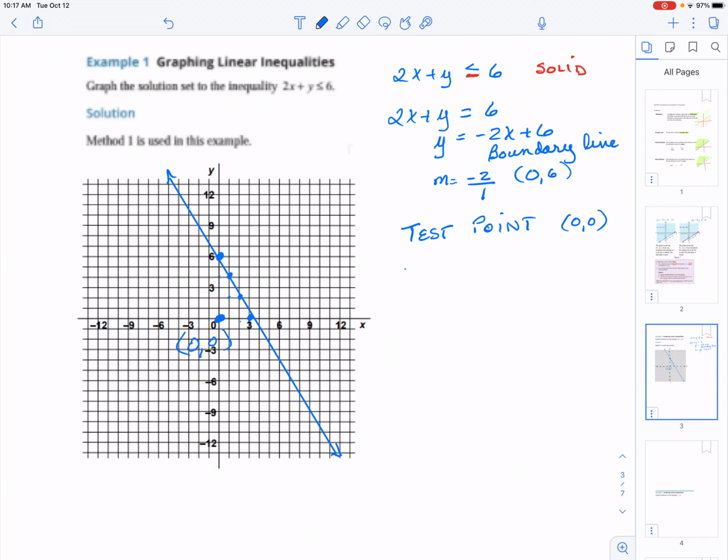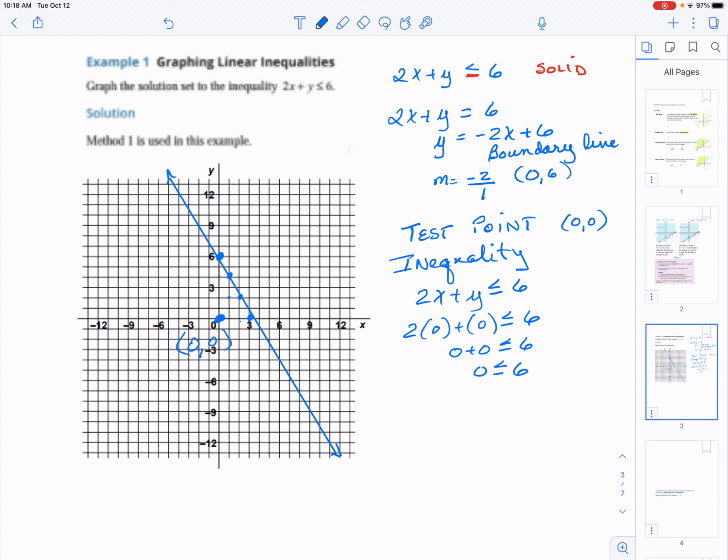So you go back to the inequality. So you leave the equation. The only reason you put it into an equation is to get the boundary. Go back to the inequality. Plug in a 0 for x, a 0 for y, do the arithmetic, and see if this is true.